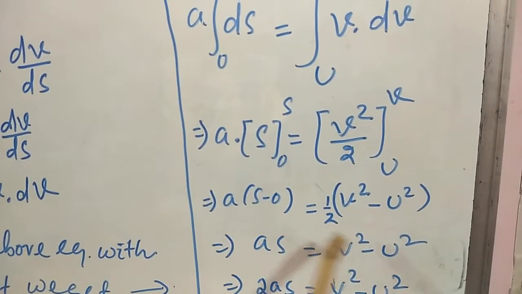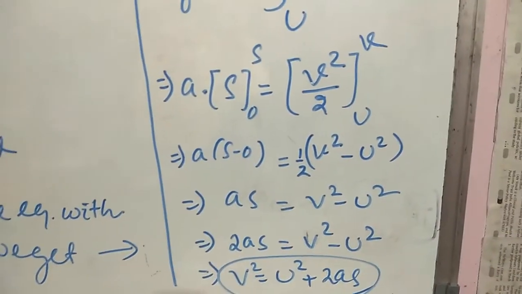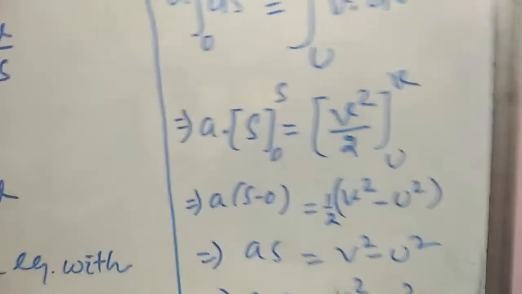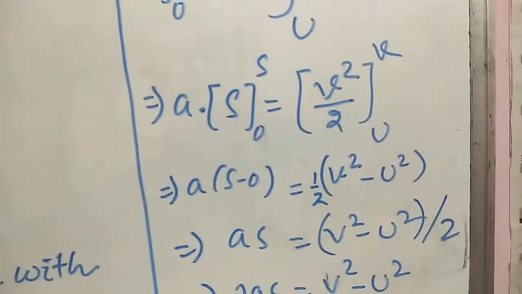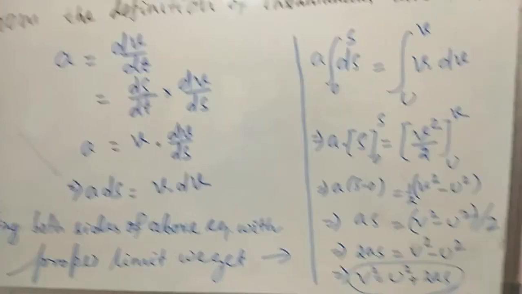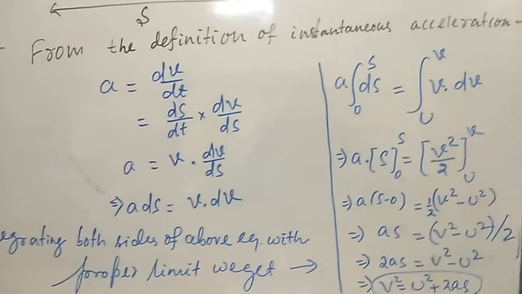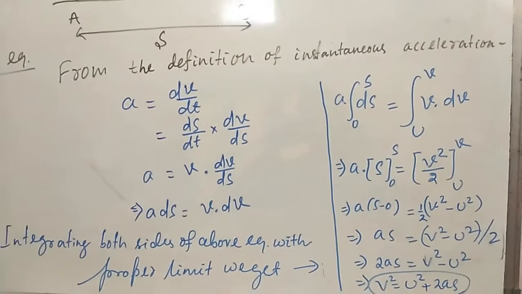Then as equal to v square minus u square by 2, so 2as equal to v square minus u square. Okay, so this is about all three equations, and the fourth equation will be a little bit different from this, so we'll discuss it later. Thank you.